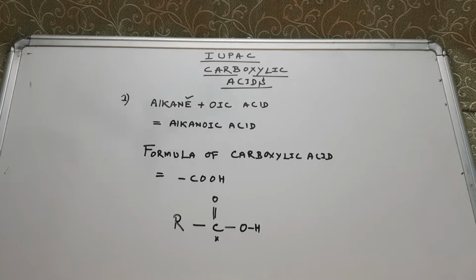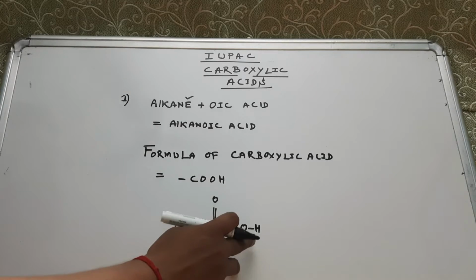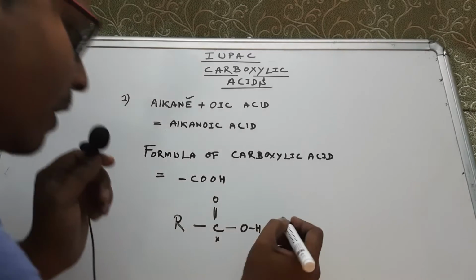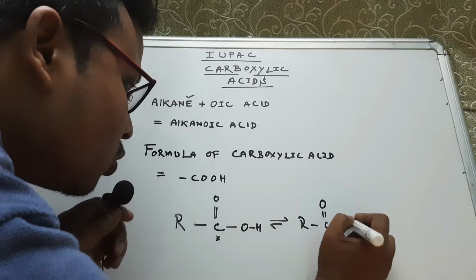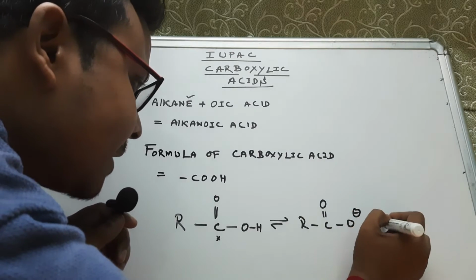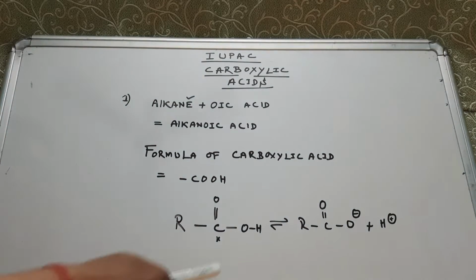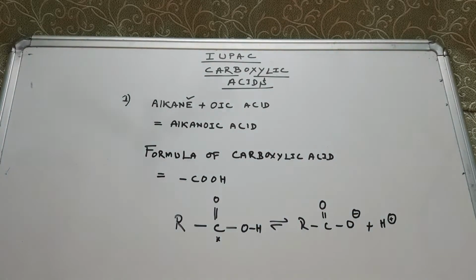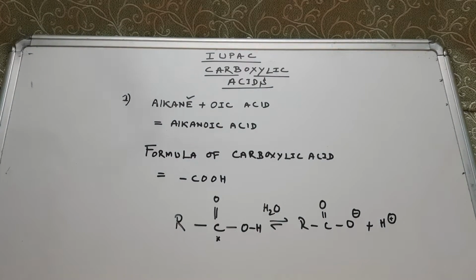You can easily understand why this is called an acid, because of the presence of the ionizable hydrogen atom, and after ionization it will give RCOO minus plus H plus, and due to the generation of that H plus it is an acid. So as it can give H plus ion in solution in water, it is an acid.